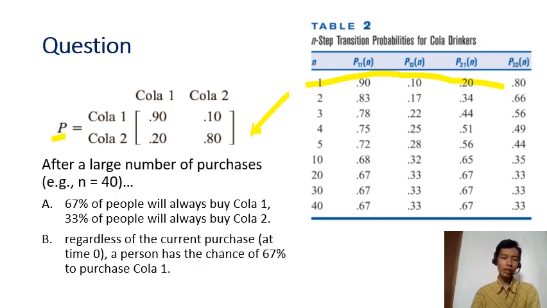Now the question is, after a large number of purchases, for example 40 purchases or 40 steps of transition, which one of these 2 statements is correct? I will give you the answer after the pause of the video, so you may have some time to really think about the answer.